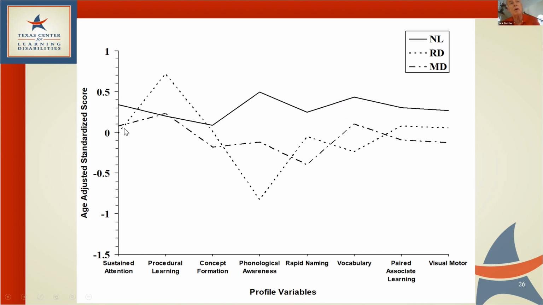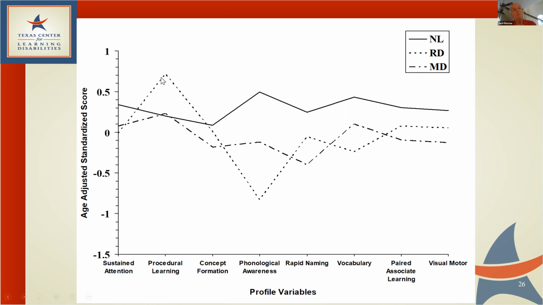They do not have ADHD. They don't have math disabilities, and so on. And so what you see in these kids is a strength in procedural learning. This is basically looking at visual displays and developing a plan for doing problem solving.